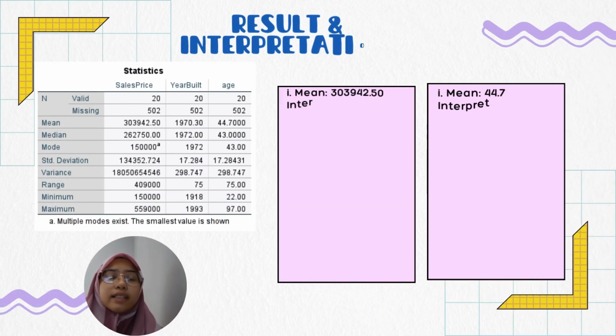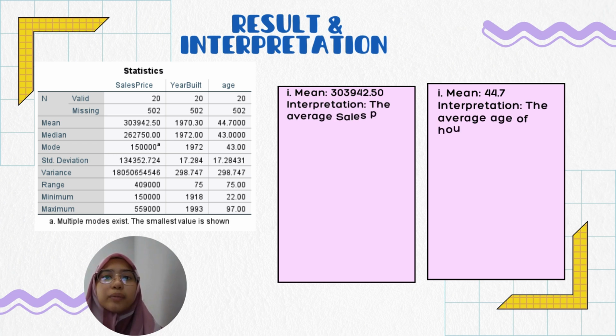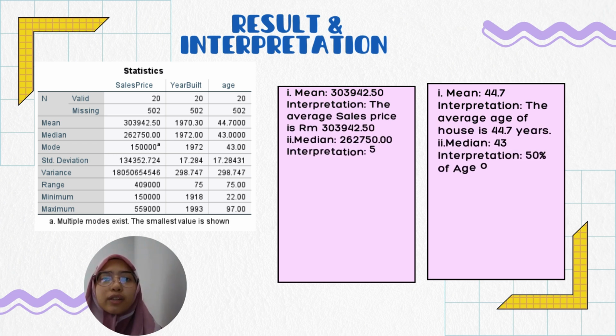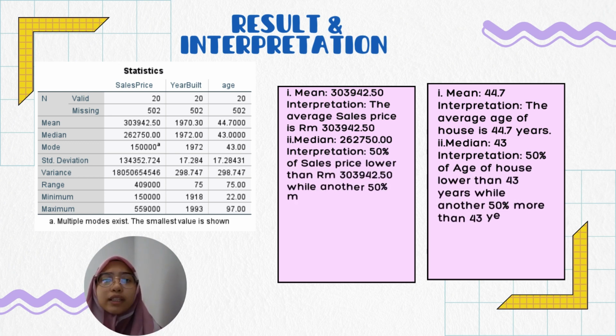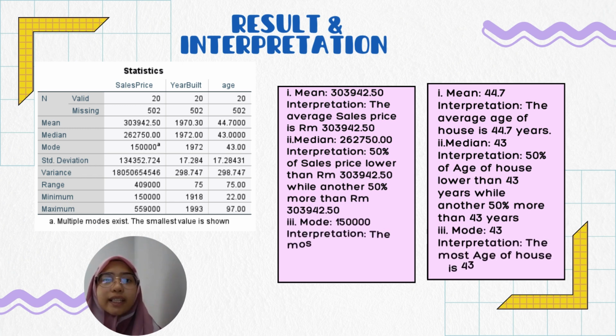Descriptive statistic analysis. From the data we obtain, we will analyze the relationship between age of house in 2015 and sale price. This involves the measure of tendency, measure of dispersion, measure of position, and lastly, range for the variables.